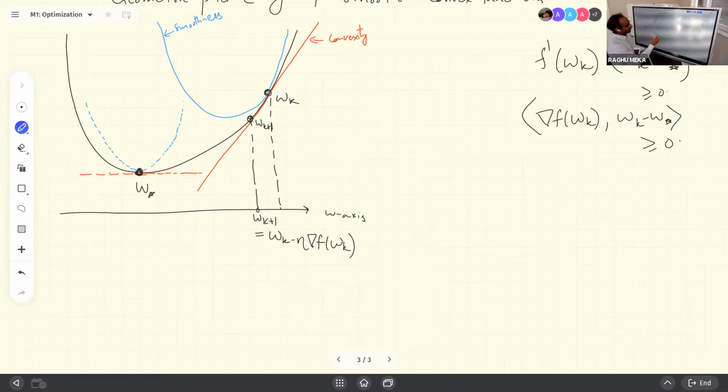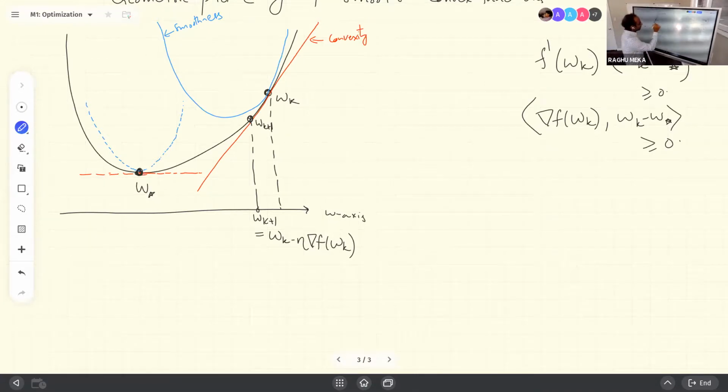Except for the fact that you want to say that you're moving towards it, so I want this product of the derivative with how far I am to be positive, and then we'll quantify this. Okay? So how do I quantify that?